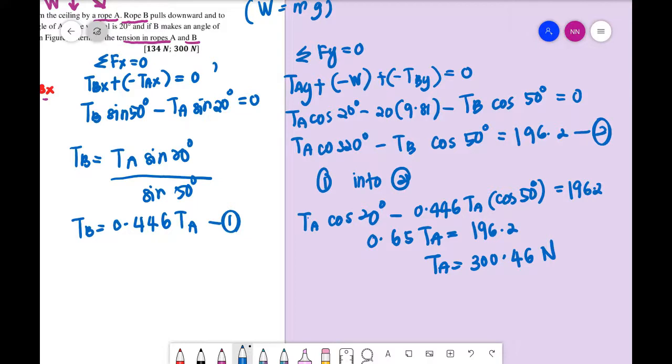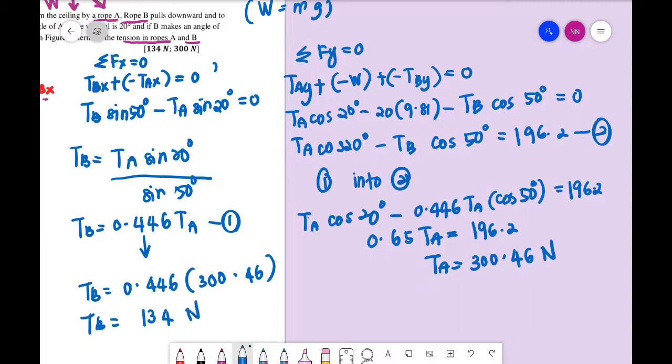We can calculate TB from equation 1: TB equals 0.446 times TA, 300.46. So TB equals 134 Newton.